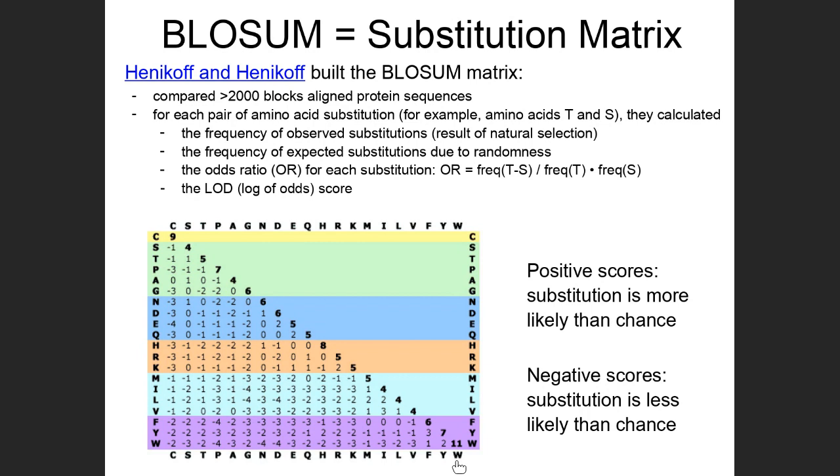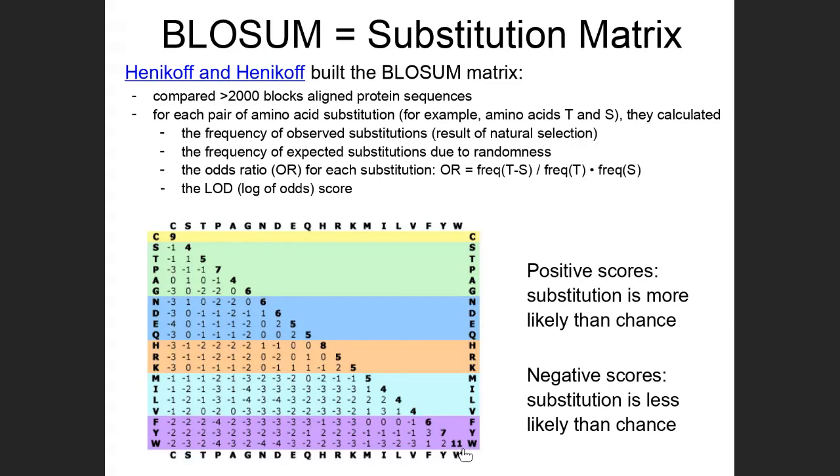And you don't have to memorize these things. I just memorized it because I had to at one point. But you guys can Google it. This guy here is a high score, which means for tryptophan to stay tryptophan happens very often, more often than chance.